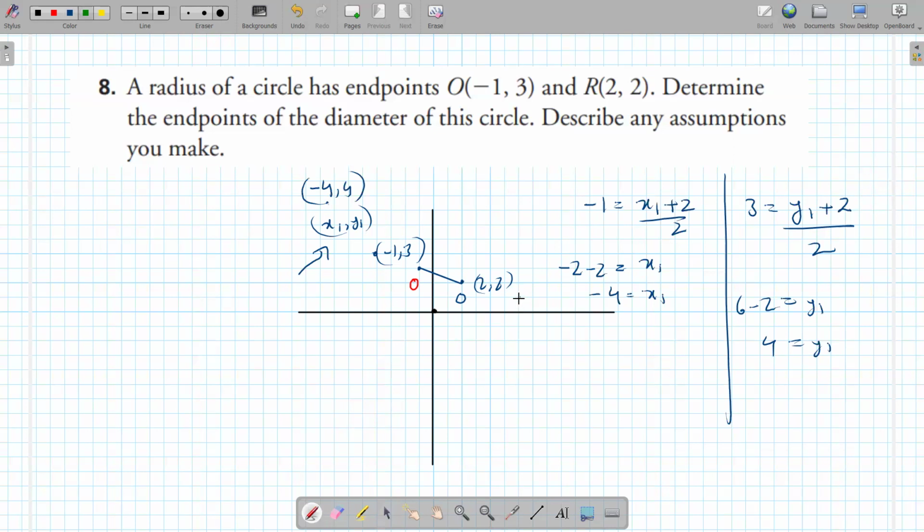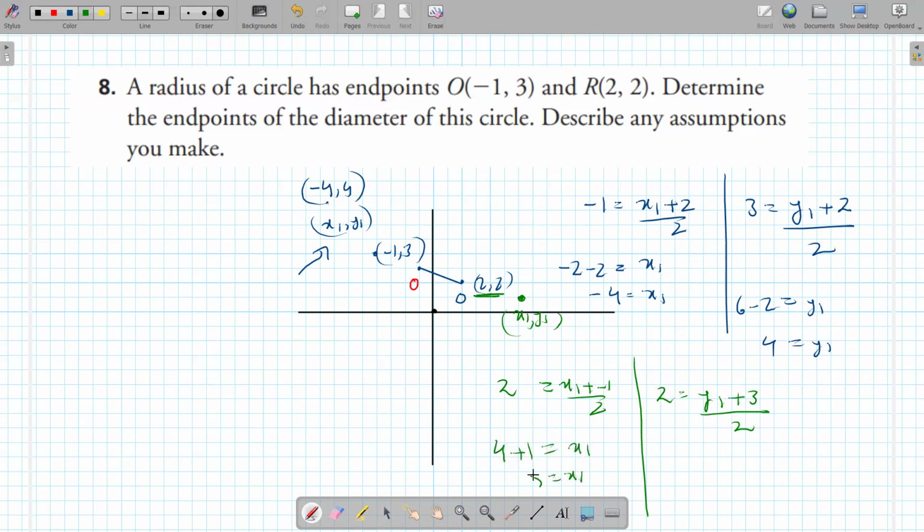Now, if we're assuming this to be the midpoint, what is our equation for the x? Let's say this point here is going to be our x1, y1. And remember, the midpoint is going to be x1 plus x2 divided by 2. The midpoint will be y1 plus y2 divided by 2, like that. So this will be 4 plus 1.